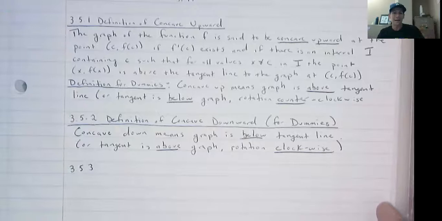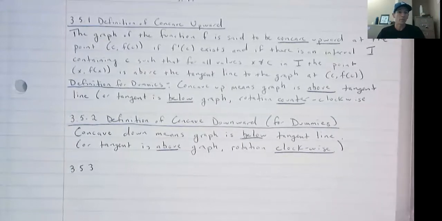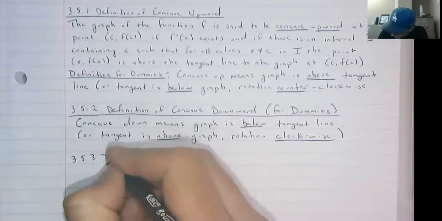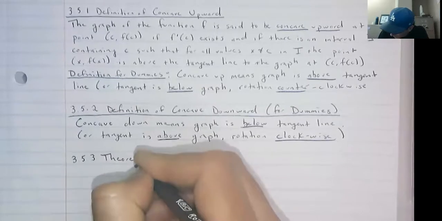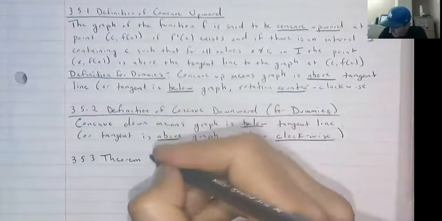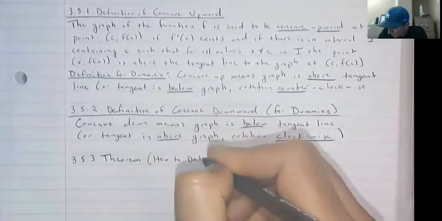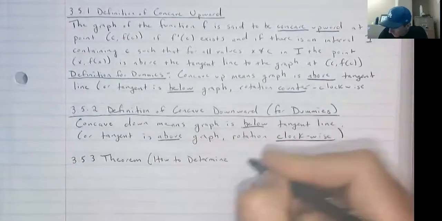Well, we analyze the nature of the second derivative at a particular point or on a particular interval. The theorem has no name, it's just a theorem. Let's say, how to determine concavity.